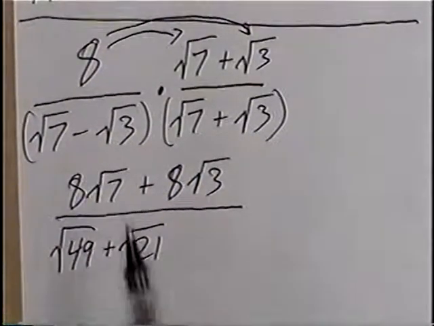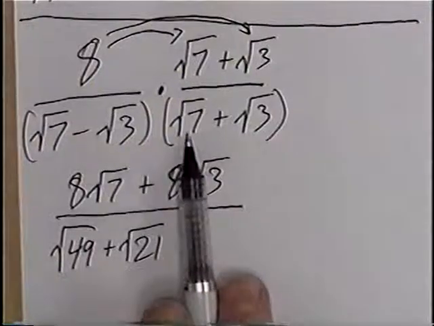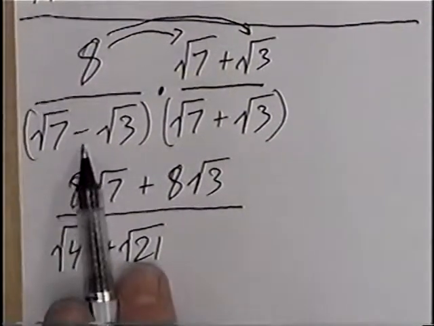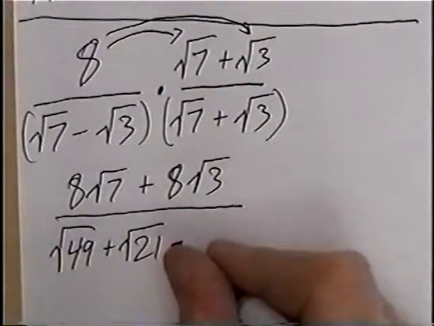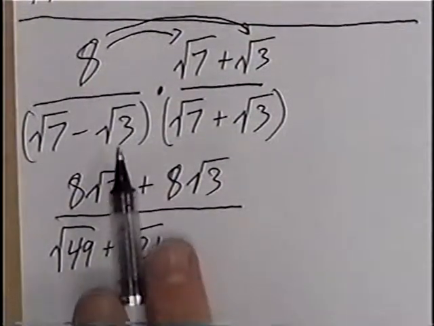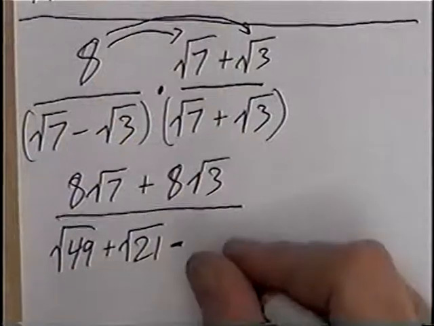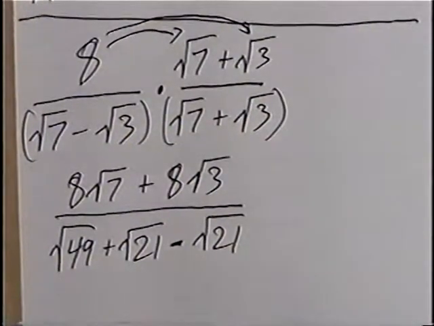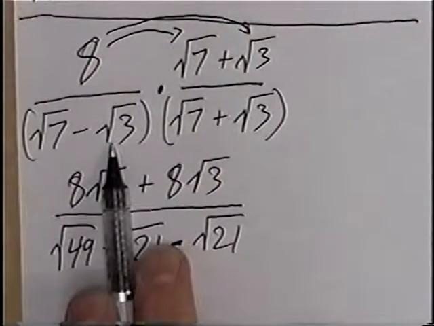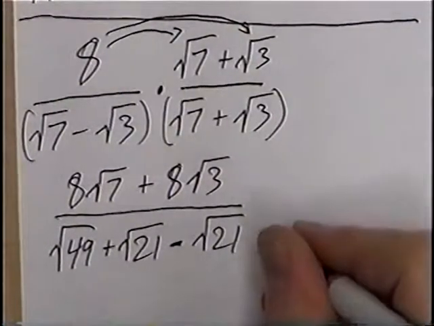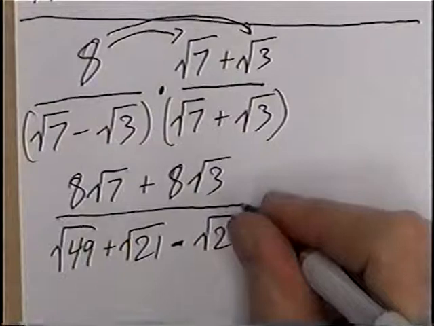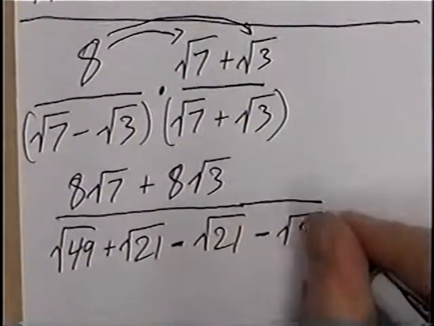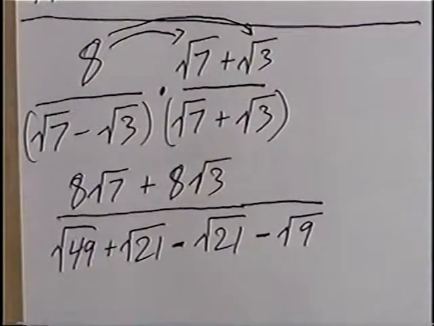And the last part to multiply, negative radical 3, we'll multiply that one twice to complete the FOIL process. Multiplying a negative radical 3, we'll have a minus or negative for the answer. Radical 3 times radical 7, multiplying would be radical 21. And multiplying a negative radical 3 times a positive radical 3, one negative would stay negative, and 3 times 3 will have radical 9 for the denominator.